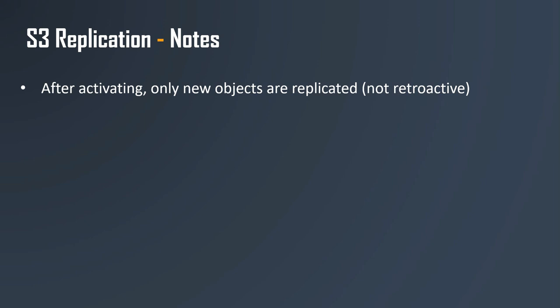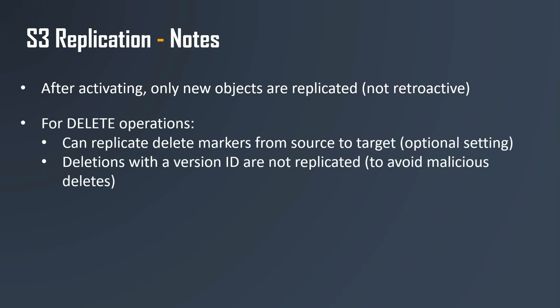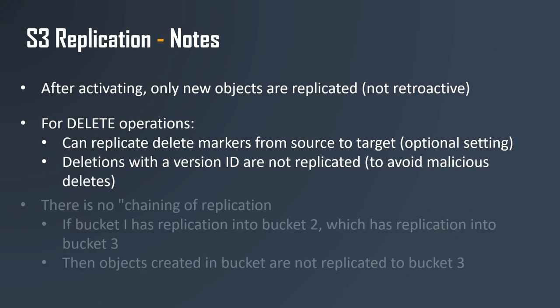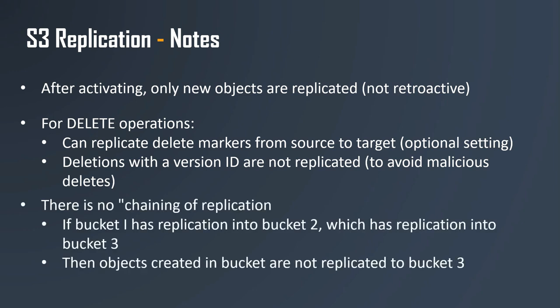And for delete operations, there is an option setting to tell whether or not you want to replicate your delete marker from the source to the target. Or if you specify the deletion of a specific version ID, then it is not going to be replicated, to avoid malicious deletes.